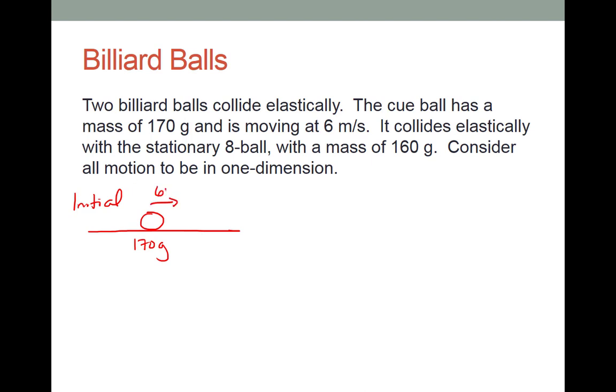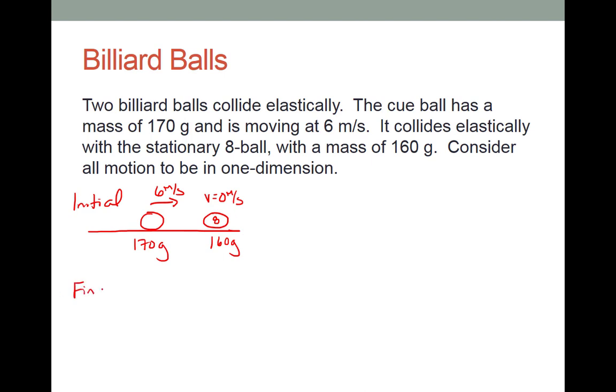It doesn't say a direction, but it does say that it's colliding with a stationary 8 ball. So there's the 8. I know it should be black. That has 160 grams for its mass, and it's initially stationary. It says let it be one-dimensional, which is actually a very big help.